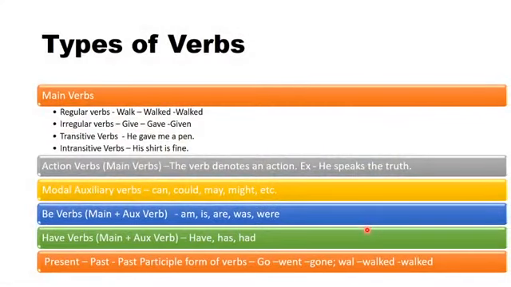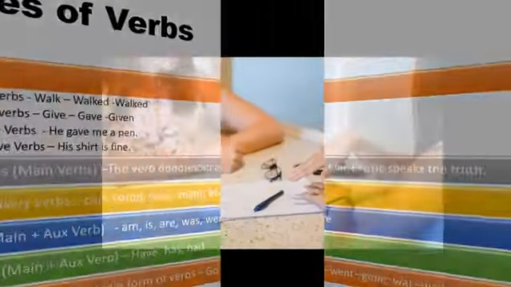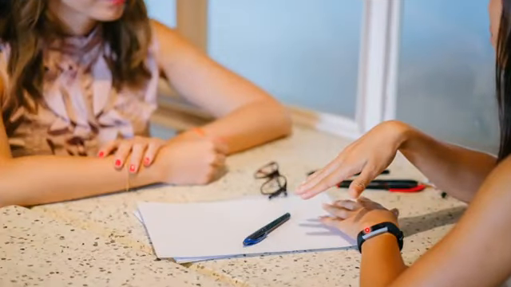For your reference, let me show you once again. These are the types of verbs. And this is the picture given to you for identifying different verb forms. Probably I'll give you the discussion box link where you can post all your sentences.